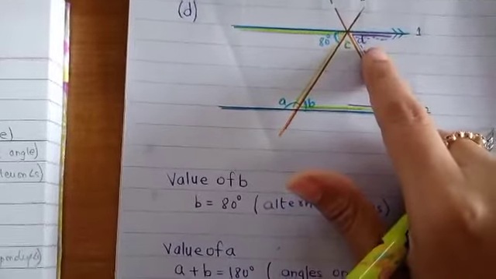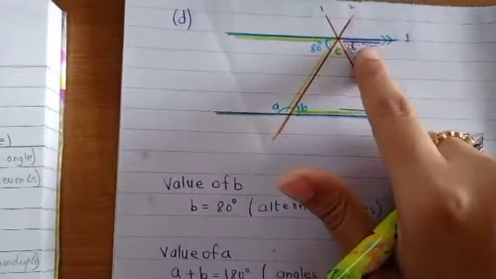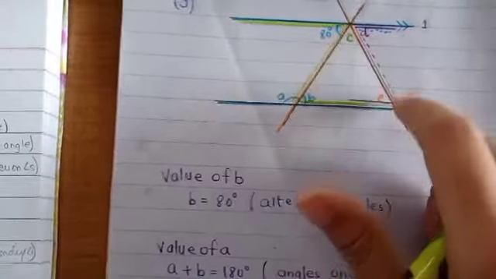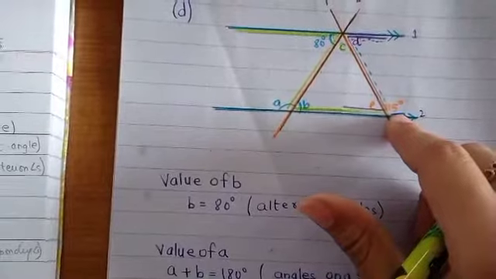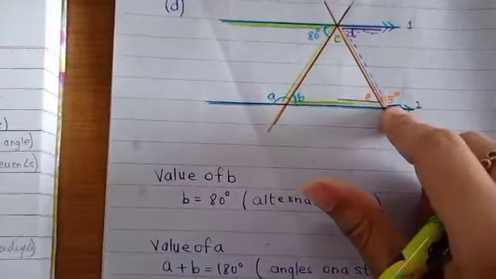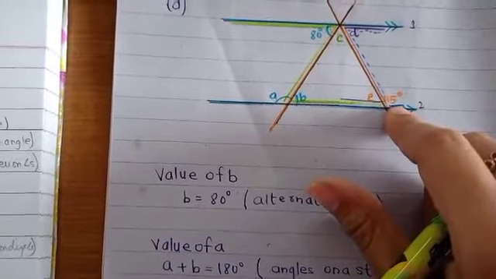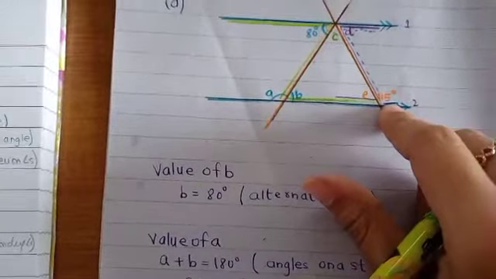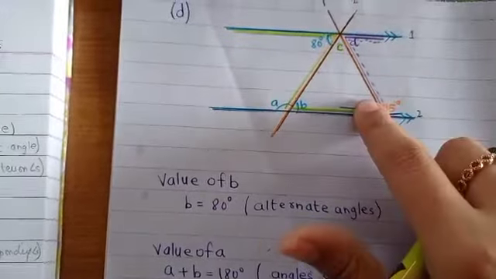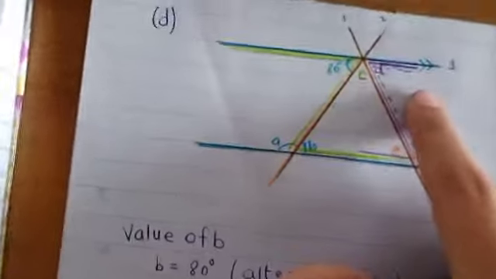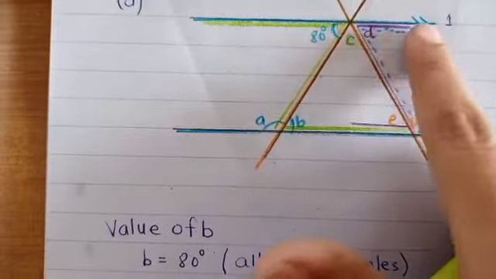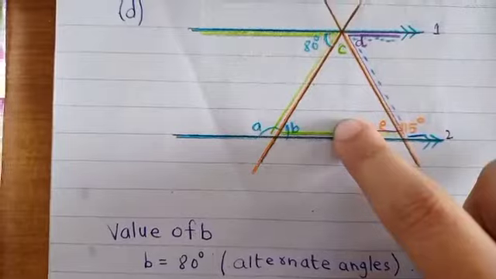I told you I can find out D by giving the reason that D plus 115 degree is equal to 180 degree because interior angles. And I can also say that D and E are alternate angles. If you focus on purple line, they are forming Z again.